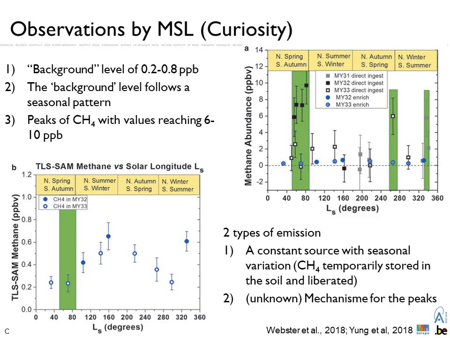Also, as shown here, the background value of methane is shown to be seasonally dependent, whereas the spikes have still to be understood and are occurring independent of the background seasonal dependence.